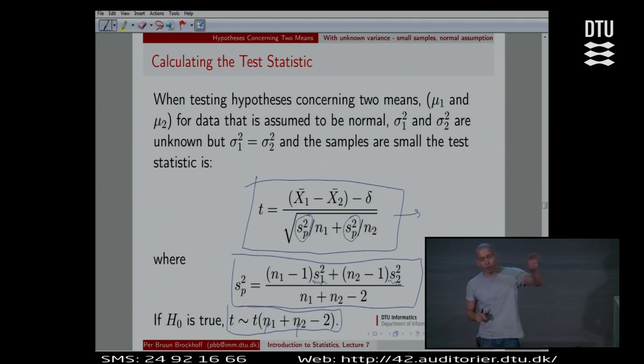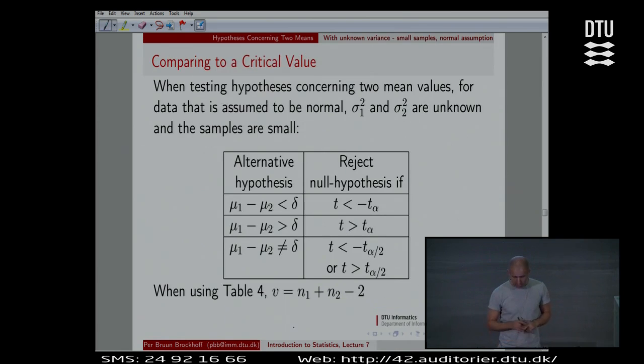That is n1 minus 1 plus n2 minus 1. And we have a critical value table exactly as before, but with all the z's substituted by t's. So, as I would say now for the rest of the course, do the hypothesis test exercise as usual, just use the t here.